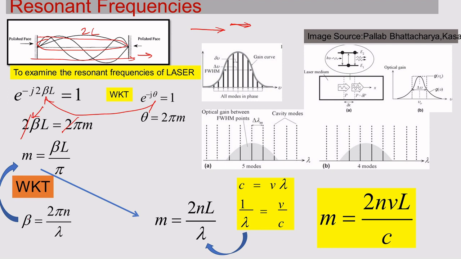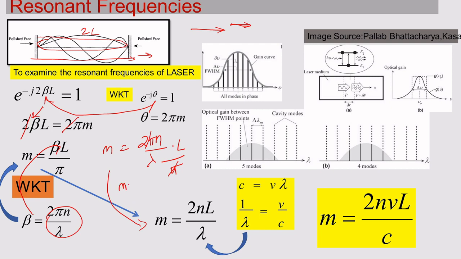We know the propagation constant beta is 2 pi n by lambda. If you substitute here, what do you get? M equals 2 pi n by lambda into L by pi. If you cancel the pi, we can rewrite it as M equals 2nL by lambda.